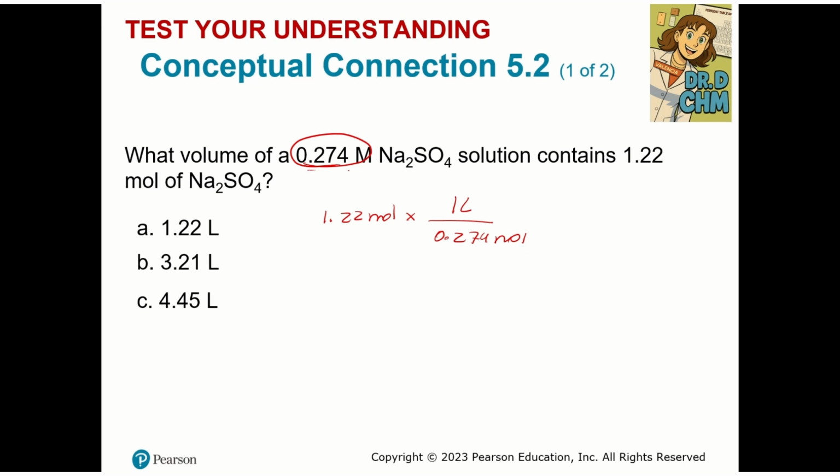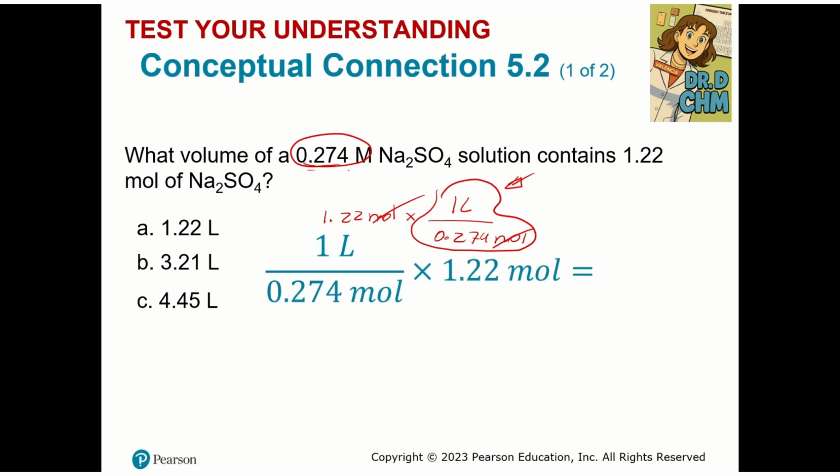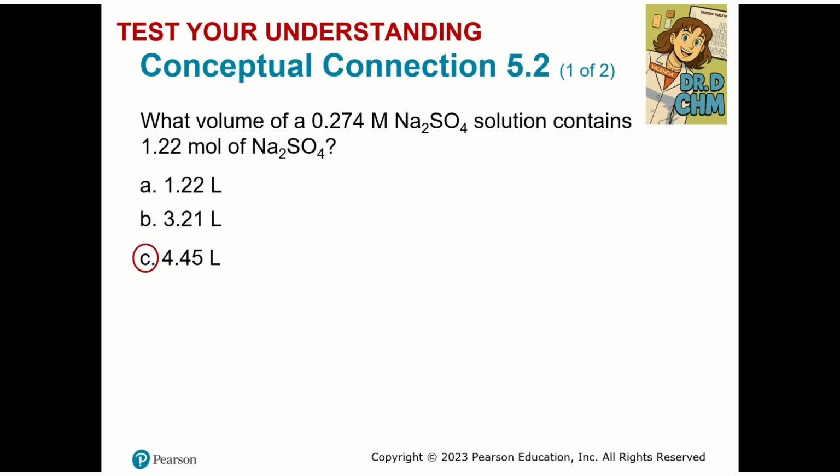I'm going to use it this way because what I want is liters, and I want to cancel out these units over here. So if I divide 1.22 by 0.74, I'm going to have 4.45 liters. So pretty easy, right?